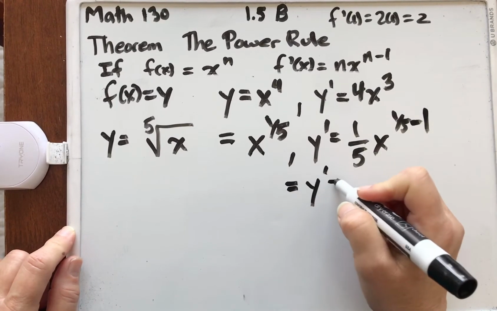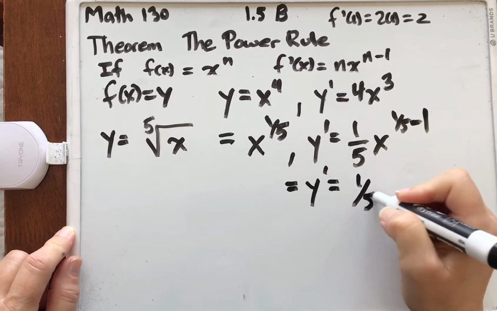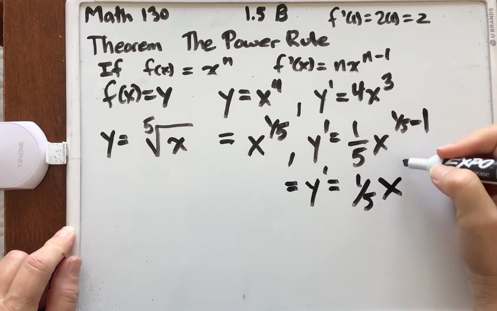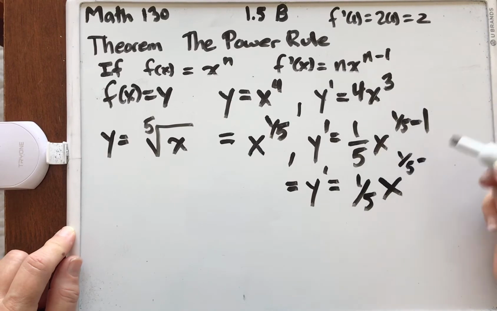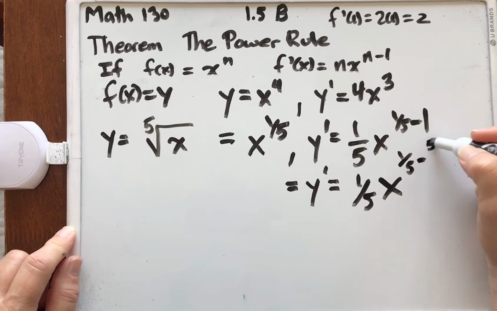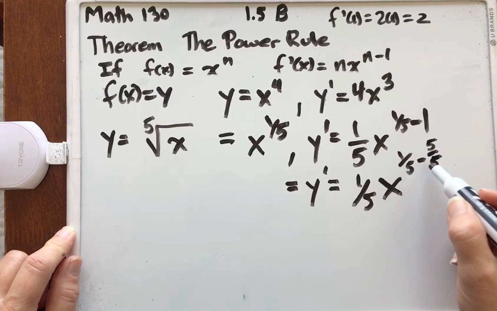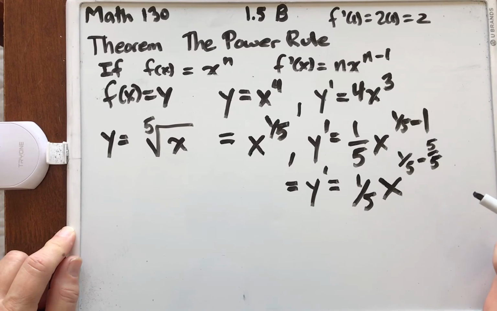Well, how do we do this 1/5 minus 1? This is a little trick I use when I teach algebra. To minus our 1, we just use that denominator and go 5 over 5, because 5 over 5 is 1. And now we can subtract because we have the same denominator.